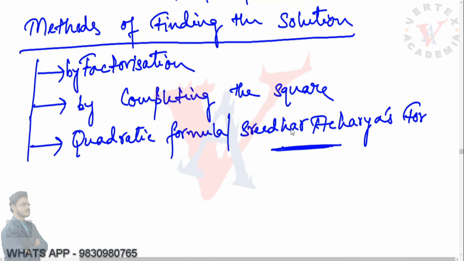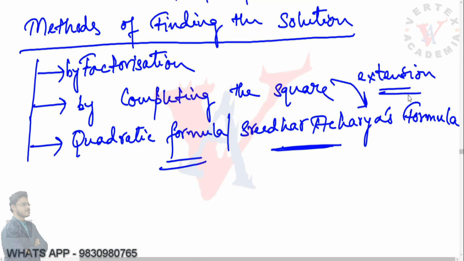So we must feel proud about our country. Sridhar Acharya's formula, this quadratic formula, is basically an extension of the method by completing the square, but it is very important.